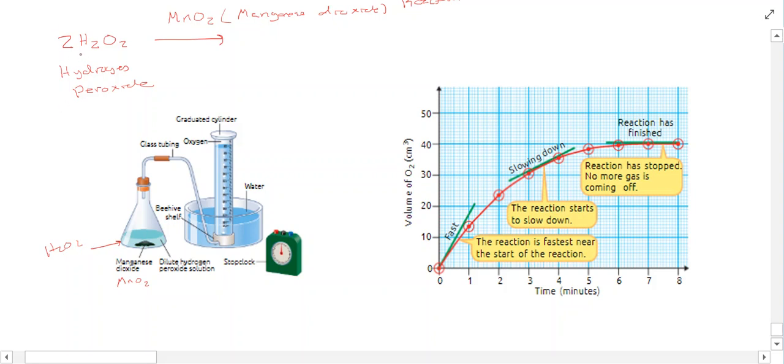So what happens is, see the way the hydrogen is connected to oxygen, the hydrogen and the oxygen start to come apart. And what you get produced then is H2O, which is just water, and you get oxygen produced as well, which is O2.